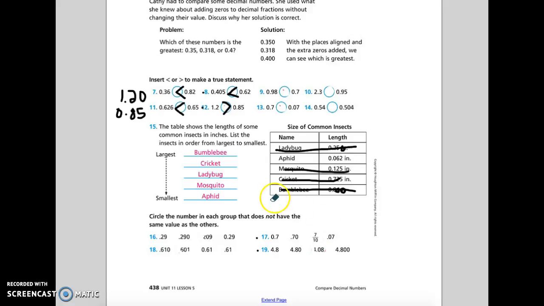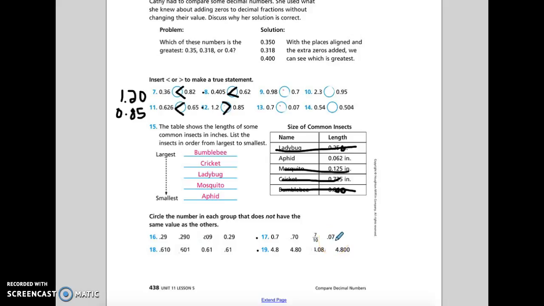All right, the last two we're going to look at here. It says, circle the number in each group that does not have the same value as the other. So remember we talked about, when you add the 0 behind the decimal, it doesn't change its value. So let's look. We've got 7/10, 70/100, 7/10, and 7/100.